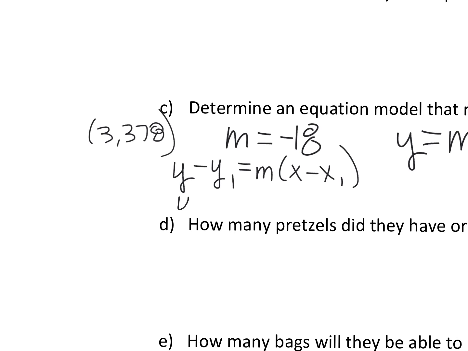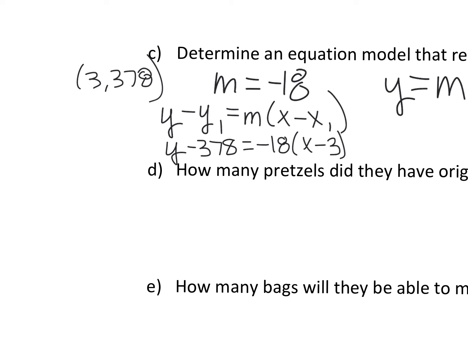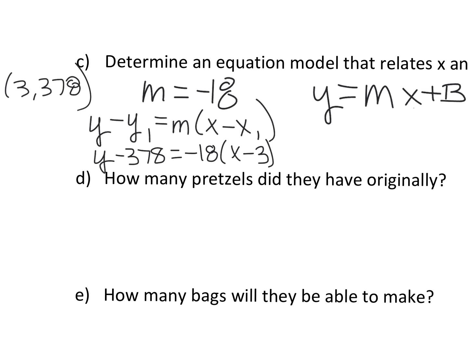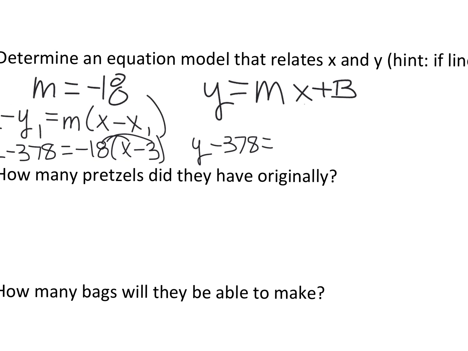So I have y minus 378 equals negative 18 times x minus 3. And now we want to solve this for y. So I'm going to distribute this, and we have y minus 378 equals negative 18x plus 54.